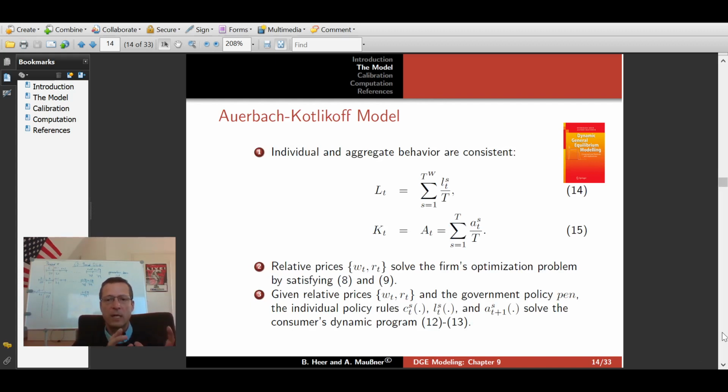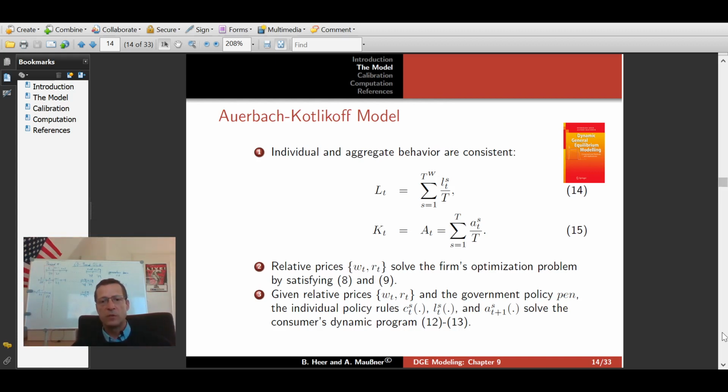So aggregate labor is equal to the sum of the individual labor supplies of age s equal to 1, 2, 3, up to 40, our working periods. And each working cohort has measure 1 over 60. The aggregate capital stock is equal to aggregate savings A_t, and aggregate savings is the sum of the individual savings of all the cohorts alive in period t, and each cohort again has measure 1 over 60.